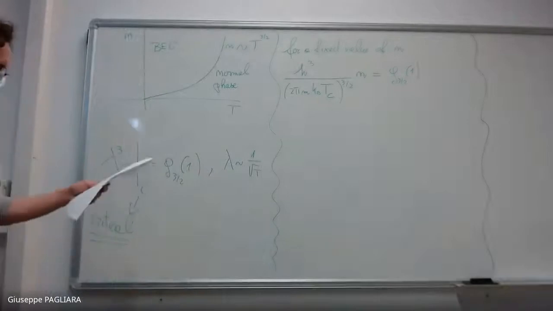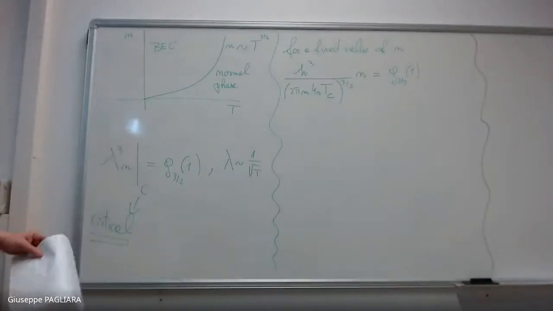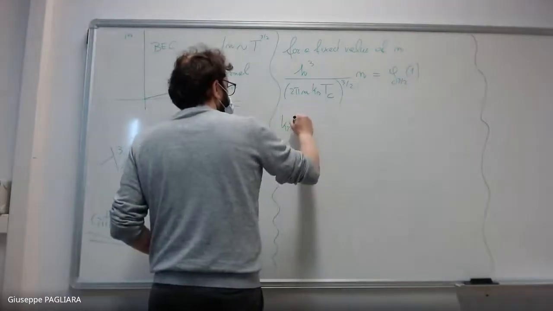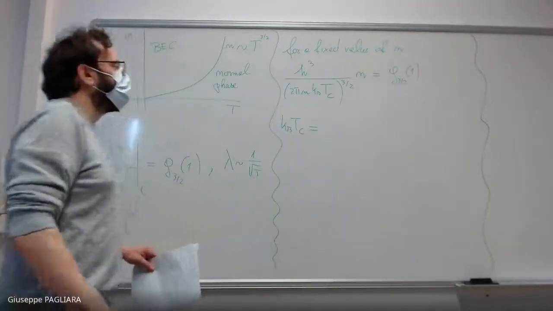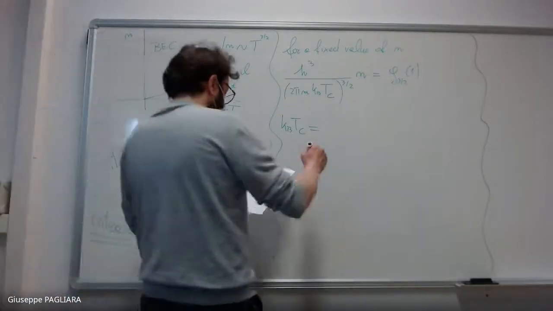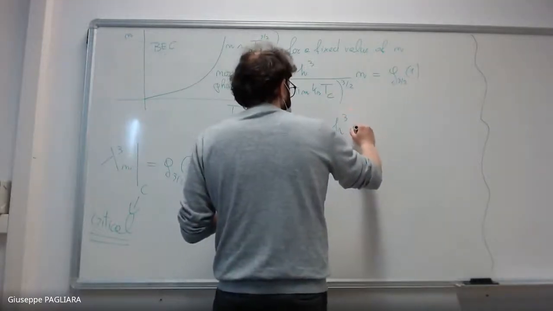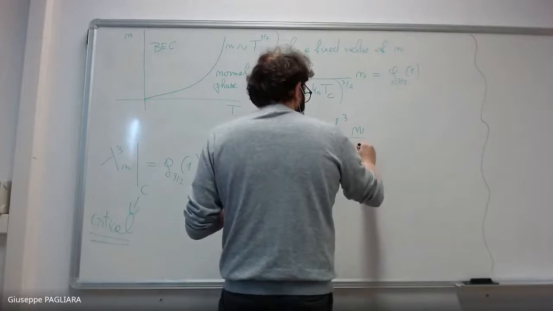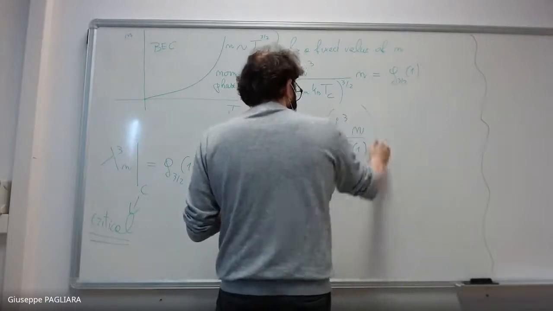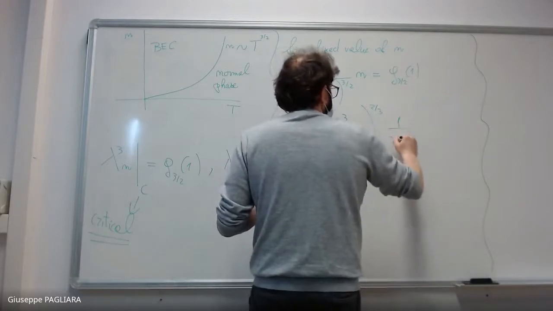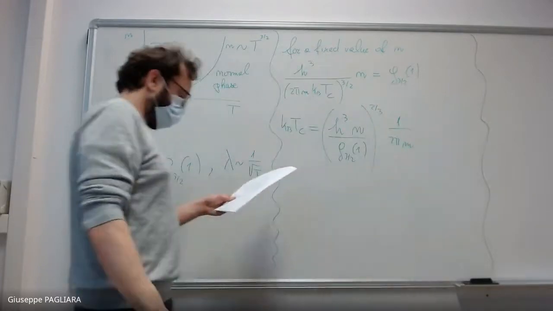From which I can get k_B T_C, the critical temperature, which is equal to h cubed n divided by this g_{3/2}(1), to the power of 2/3, and 1 over 2 pi m. Okay.